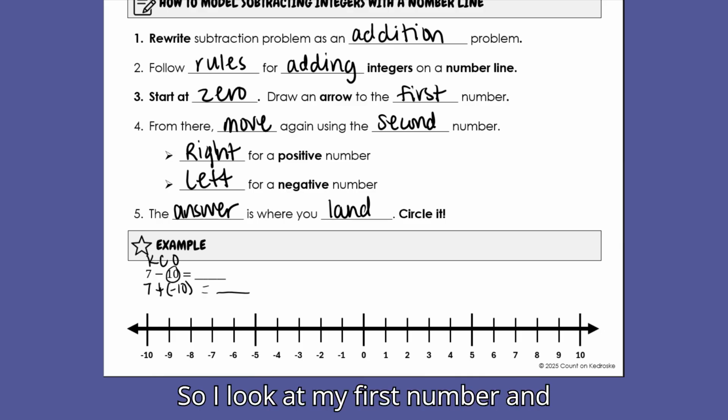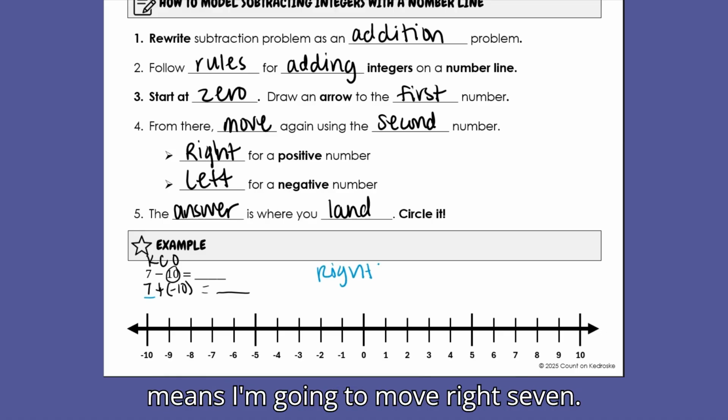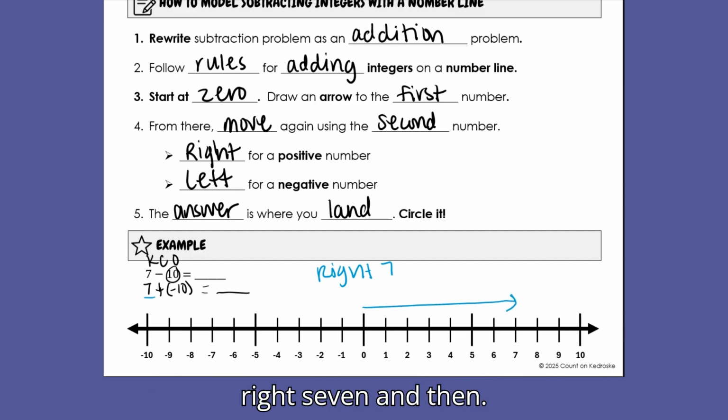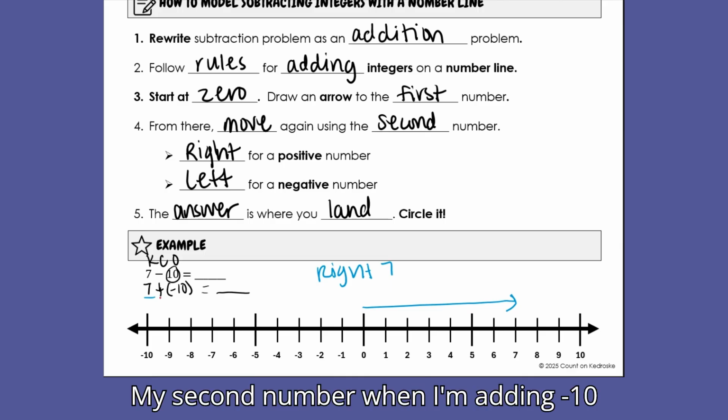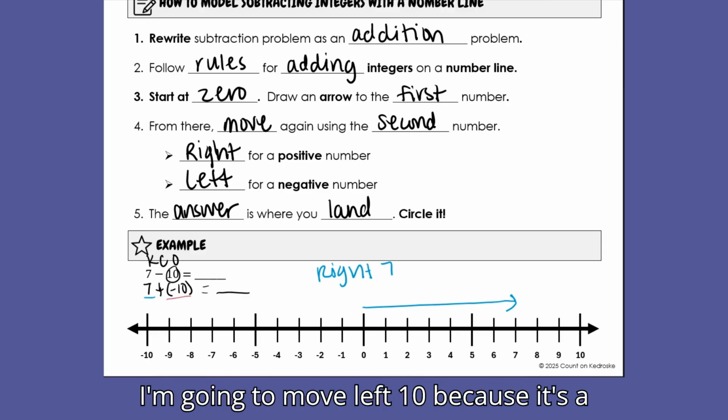So I look at my first number in my addition sentence, and it's positive 7. That means I'm going to move right 7. So I'm going to start at 0. I'm going to move to my first number, to the right 7. And then my second number, when I'm adding negative 10, again, I want to look at my addition sentence. I am adding negative 10, which means I'm going to move left 10 because it's a negative number.